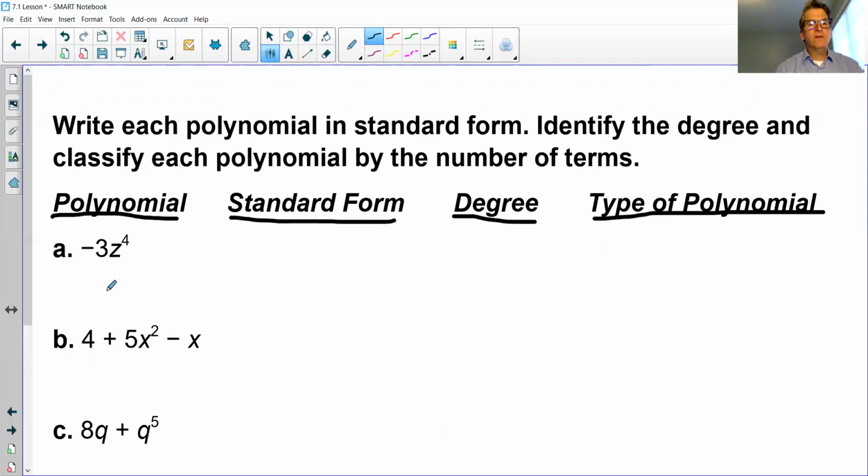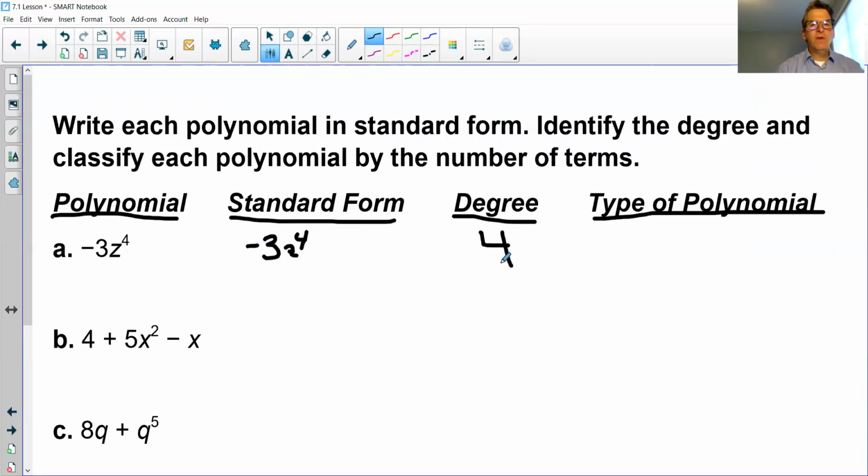This one just has a single monomial, so in standard form it's the same. I'll write that down, -3z to the 4th. What would be the degree of this polynomial? It would be the exponent, 4, so it has a degree of 4.